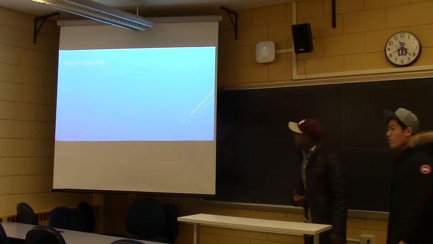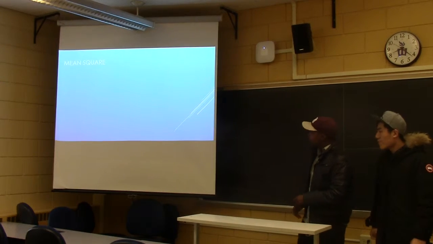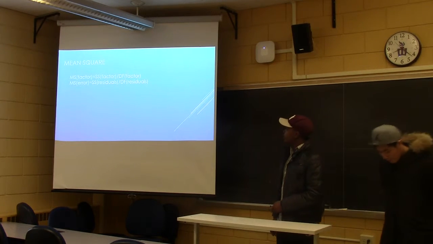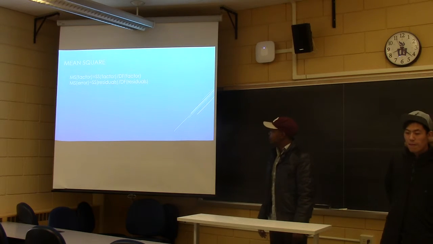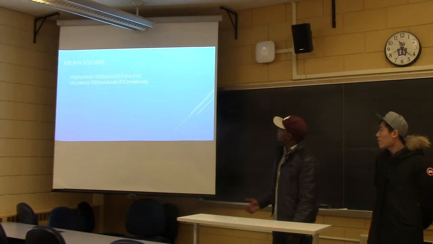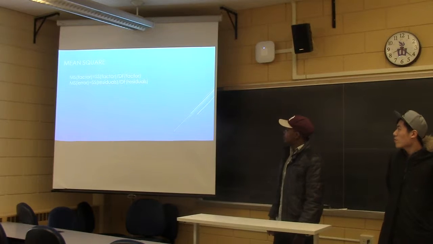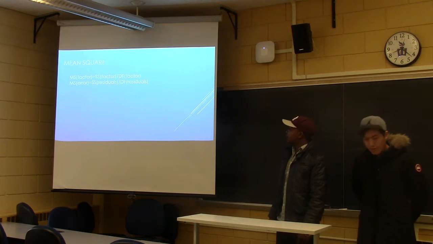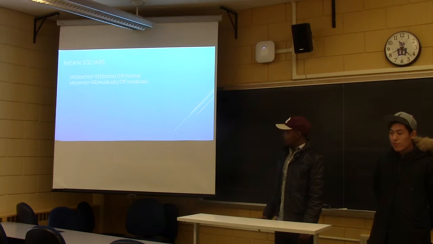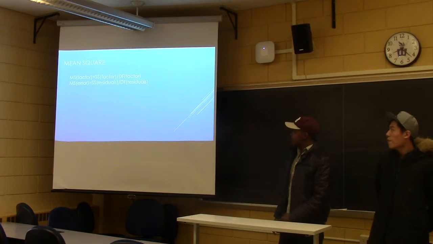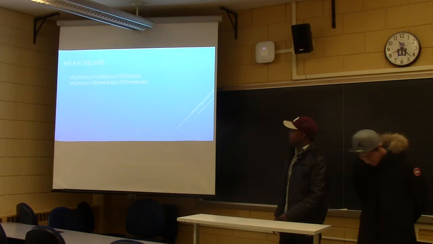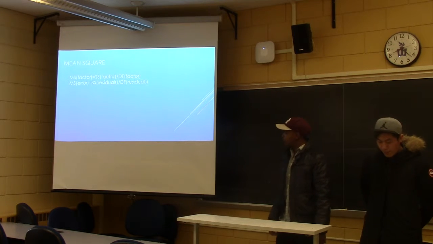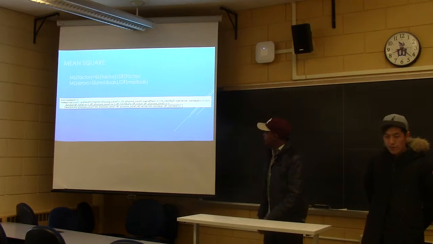Going to the mean square. The mean square of the factor is the sum of squares of the factor divided by the degree of freedom of the factor. Then the mean square of the error is the sum of squares of the residual divided by the degree of freedom of the residuals.